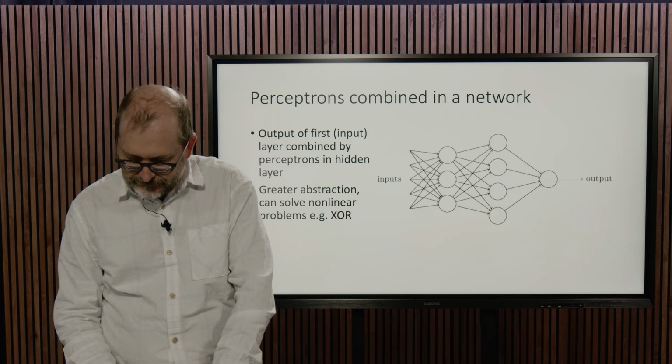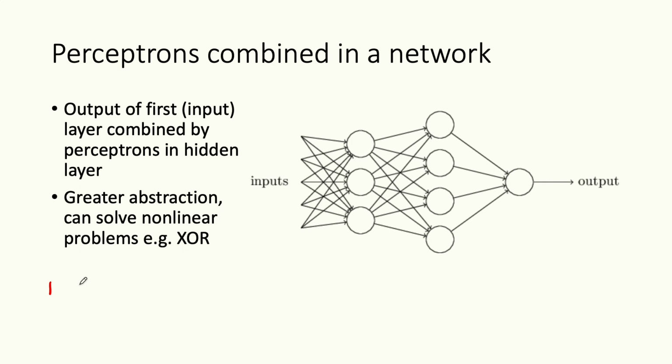If your x1 is 0 and your x2 is 0, then your output will be 0. If your x1 is 1 and x2 is 0, your output will be 1. Similarly, 0 and 1 will give you 1, and also 1 and 1 will give you 1. So that's OR.